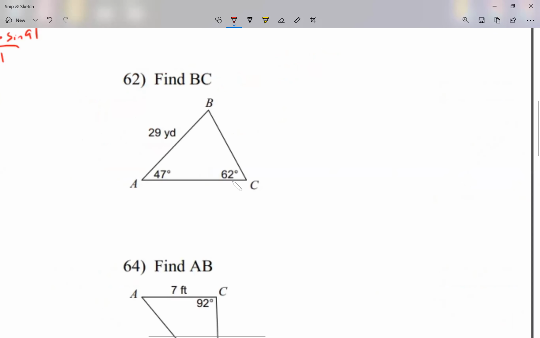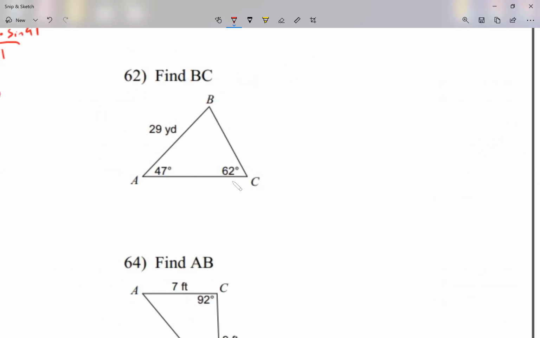Let's take a look at here. I can find angle B. I'm given two angles, so I'm going to start with 180, which is the whole triangle, minus 47 minus 62. So I'm going to find out that the third angle is 71. I have side C and angle C, and I'm asked to solve for side A, right?